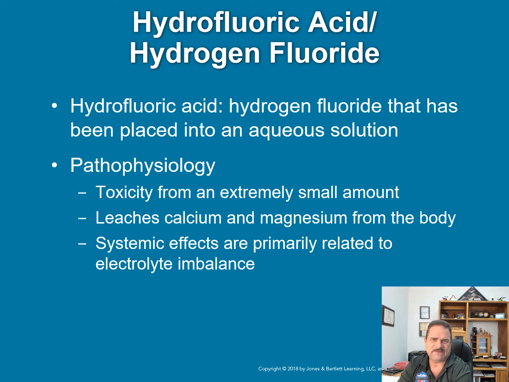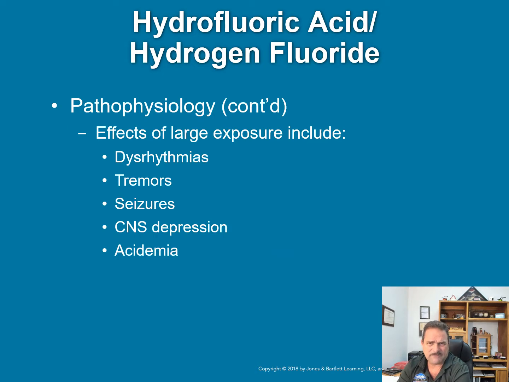There's also a massive release of sequestered potassium into the systemic circulation as well. So bad stuff, really bad stuff. Obviously, with all these shifts of the different electrolytes, you're going to get a lot of weird stuff: dysrhythmias, tremor, seizures, CNS depression, and then acidemia as well.